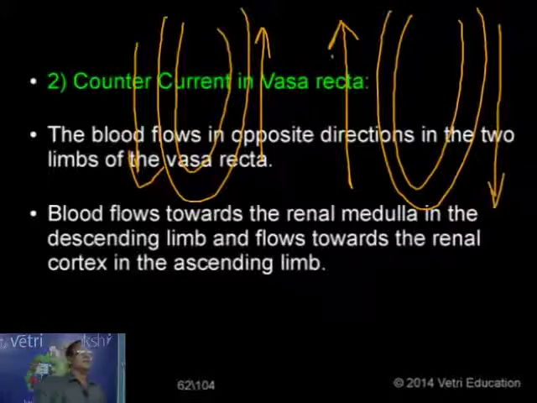The descending limb is normally permeable to water. The water that moves out of the filtrate enters the vasa recta very easily. Similarly, the sodium chloride which is moving out of the ascending limb also enters the capillary network very easily. We will see the same in the picture on the next slide.